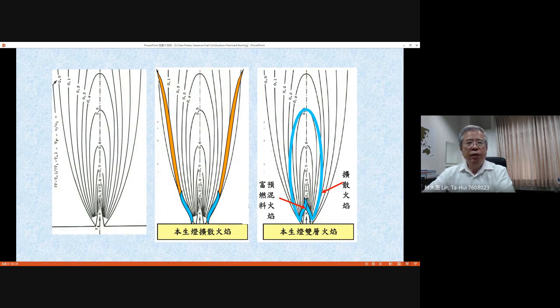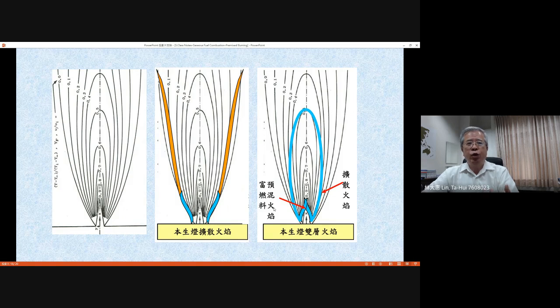But for the diffusion flame, here you can see now this blue flame moves to the inner region of your free jet, right? Why? As you remember, this is a rich premixed flame. Rich premixed flame means fuel is rich in the beginning, and most of the fuel will be completely consumed with the oxygen inside the air, but they still have excess fuel left on the downstream side, okay?